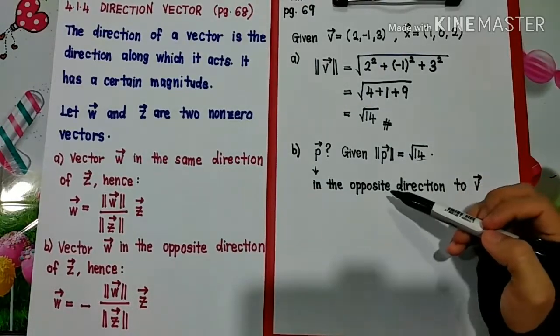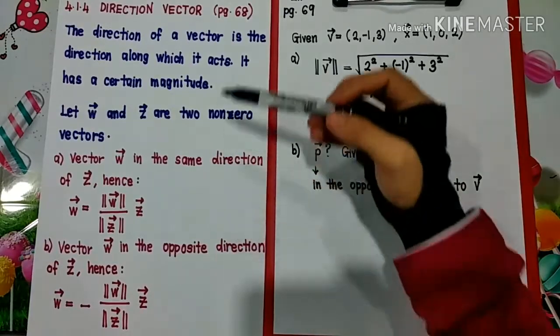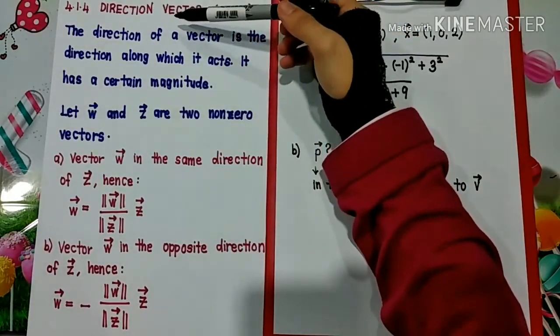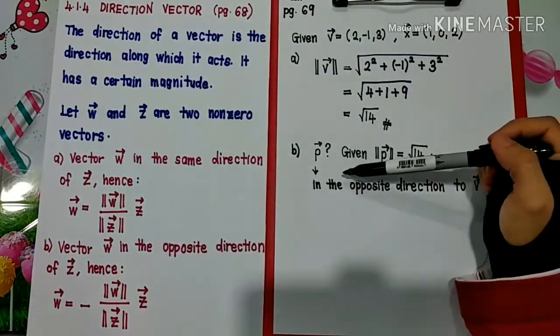So to solve this question, you refer to your textbook, page number 68, under the subtopic direction vector. So this formula you will use to solve B here.